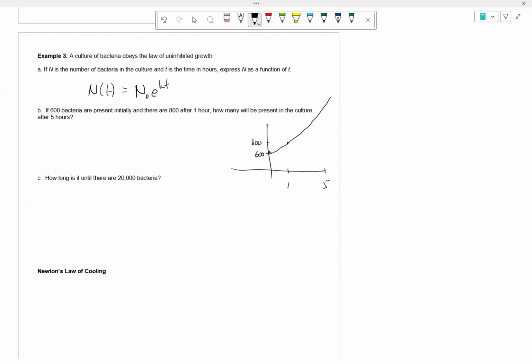I did 800 over 600, and when I solved for K, I got 0.2. Okay, approximately 0.288. Is that appropriate to round to 3 decimal places here?